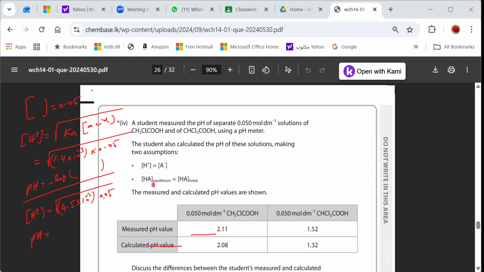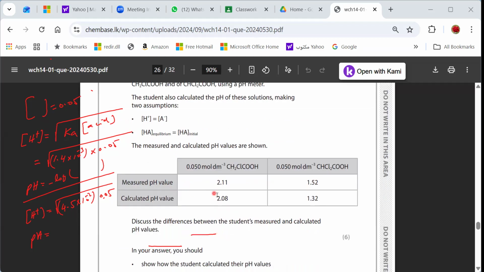So as we said, when we calculate the pH, we will see that the calculated pH is less than the measured. First you are going to calculate and show them that you got the values. And here we say that the calculated pH is lower than the measured pH, because in the calculated pH, we assume that the HA is equal to the initial, although it is smaller than the HA at equilibrium.